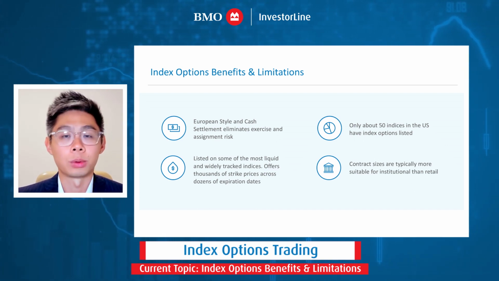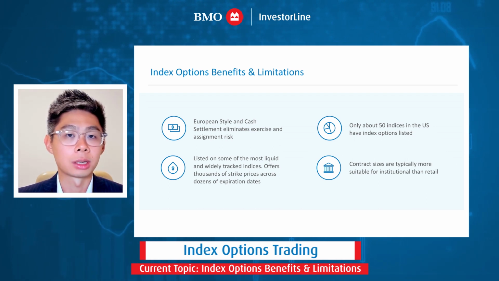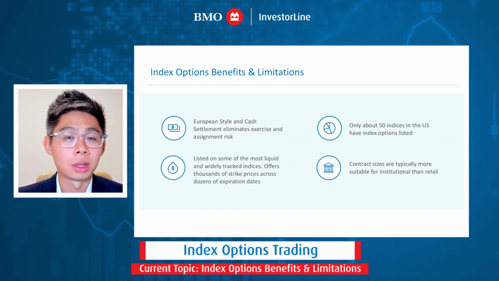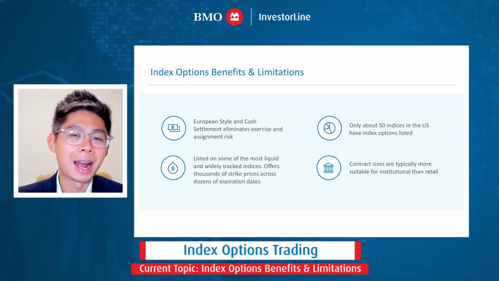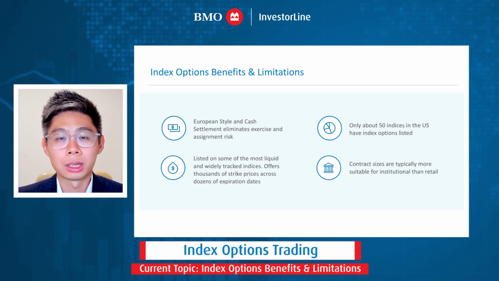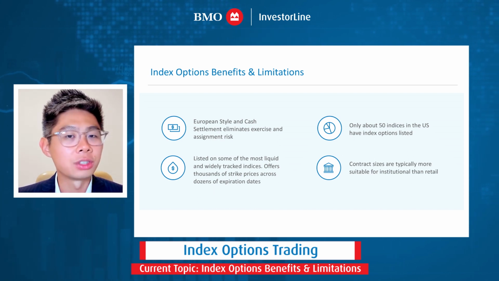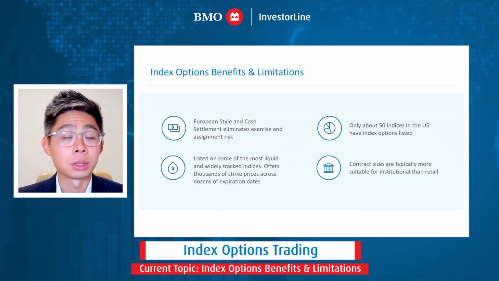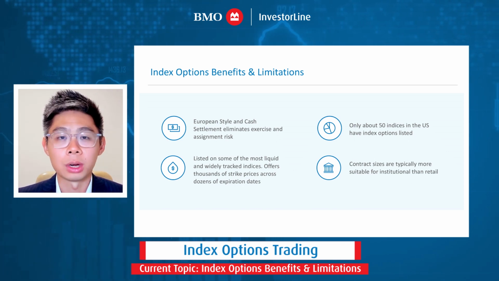And even at expiration, if you're trading an American style option that is physically delivered, even if you have an option approaching expiration that's out of the money, you still have some risk that the buyer of that option could exercise it even if it's out of the money at expiration.